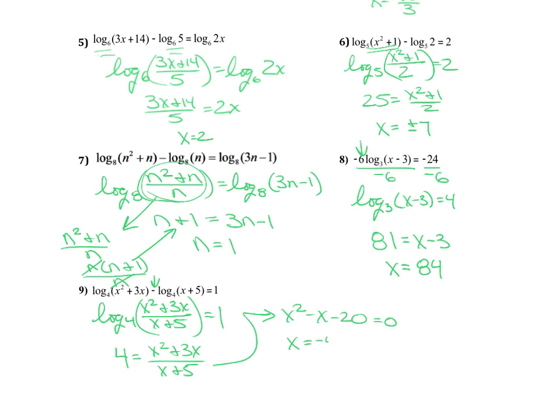Factor or use the quadratic formula. Here, both values of x work. Again, when you plug them in, both values give you a positive argument in the first part of the problem. So those are all the problems for solving logarithmic equations.